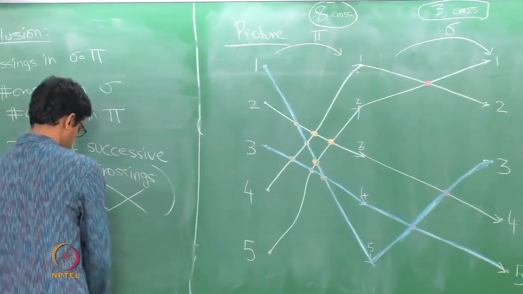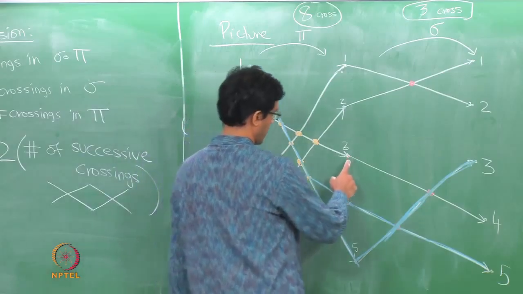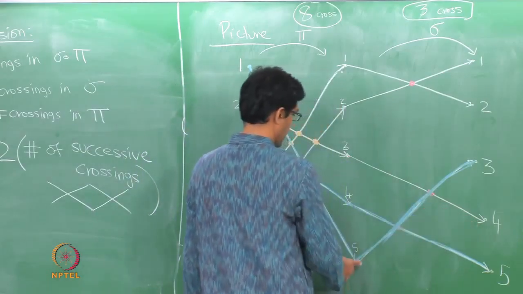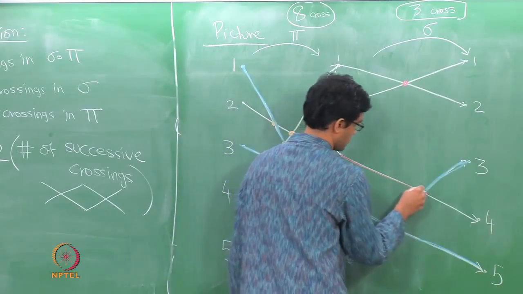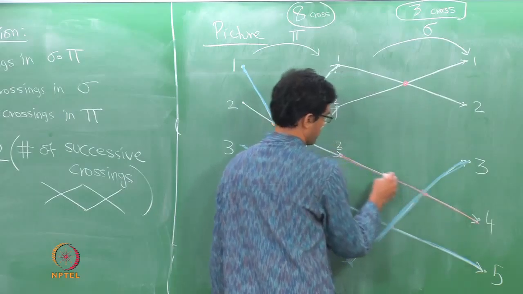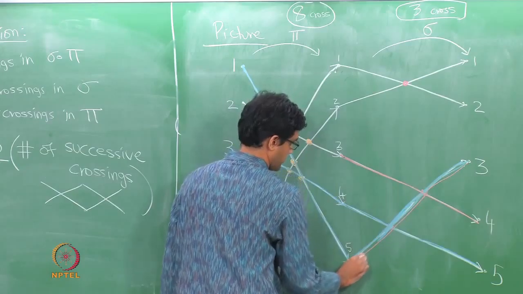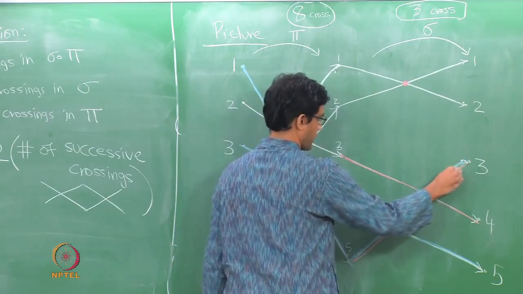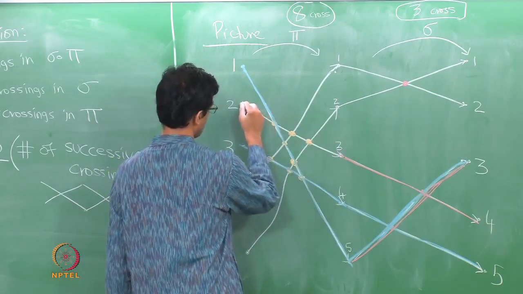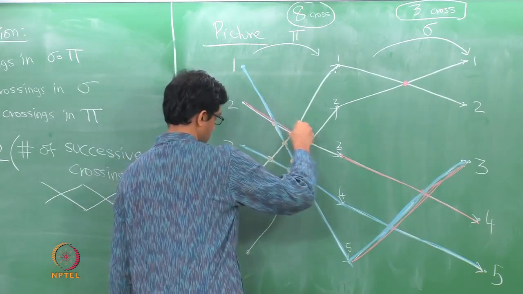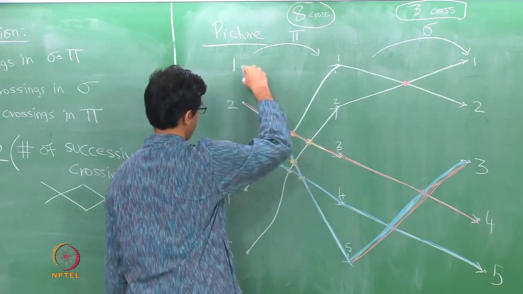Okay, and there is another, let us see, the one which sends 3 to 4 and 5 to 3. So let us also try and highlight this. The diagram is going to be something of a mess, but here we are, 3 4 and 5 3, that is another crossing, and what precedes that is 2 3 and the same thing 1 5.